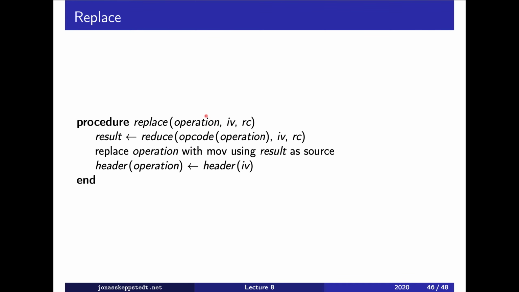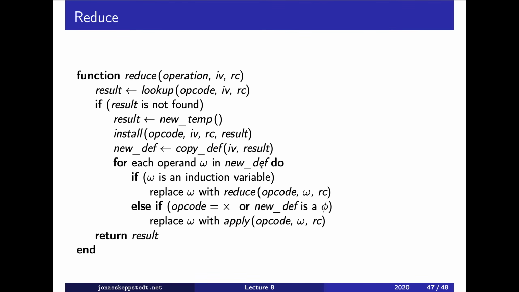Anyway, we start with an induction variable, a region constant, and an operation. And then we find an expression for this recursively. Replace it and say that this new operation has the header of the induction variable. So they reduce. Then we look up if we have already computed this.